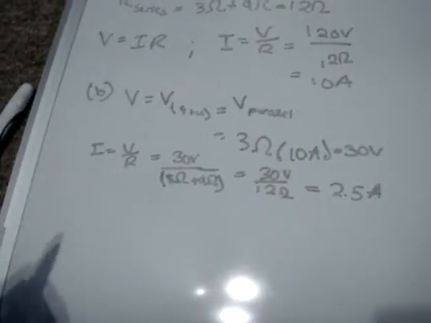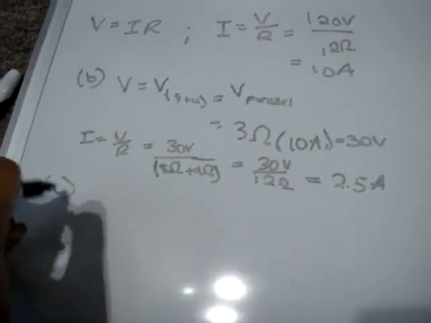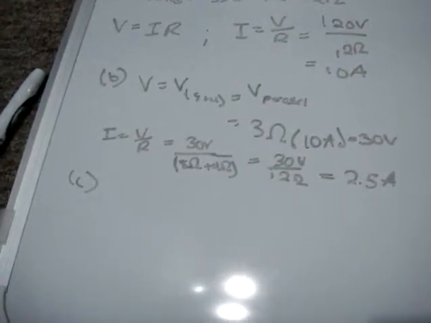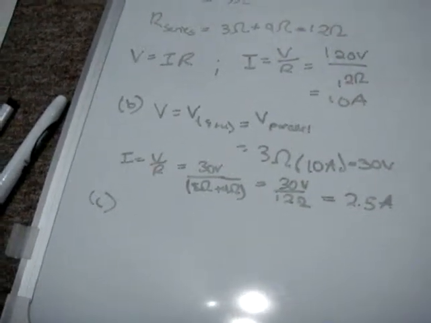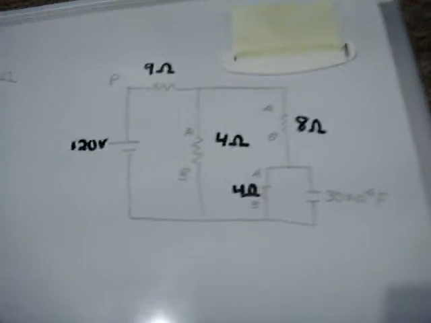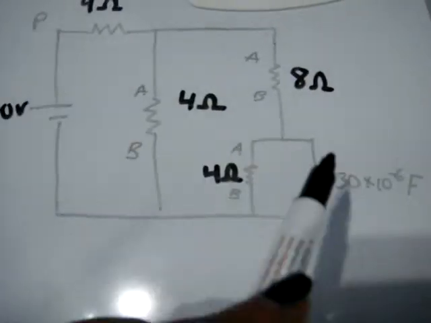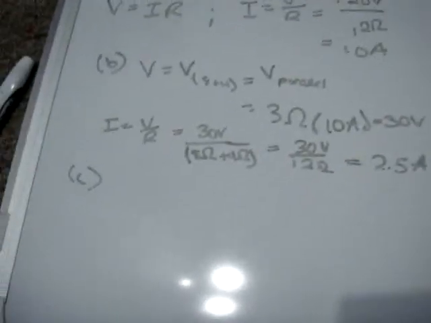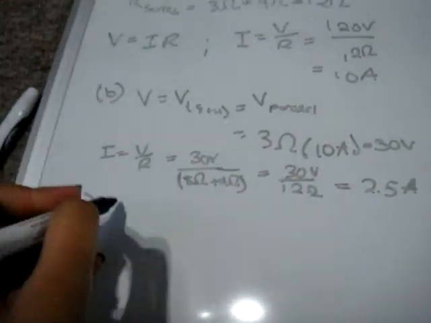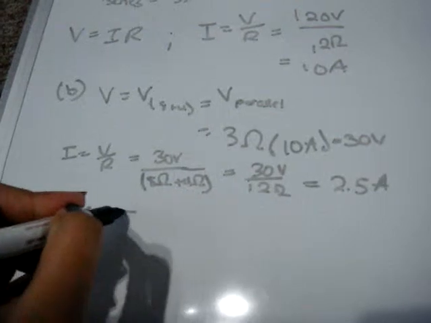Okay, moving on. Part C. Part C reads the potential difference across a 30 microfarad capacitor. Microfarad capacitor is right there. And now for this, we basically, again, we could just use V equals IR.